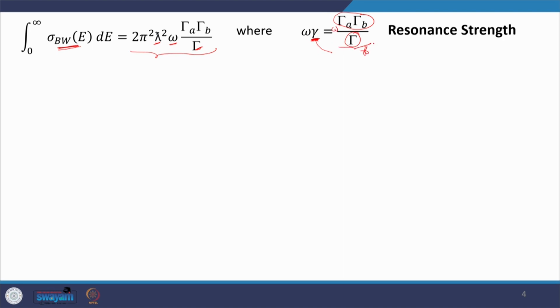This symbol basically denotes omega into this gamma. This is called the resonance strength, and omega is a statistical factor which involves J, J1, J2, and the gamma symbol involves gamma A gamma B divided by gamma. So, please remember there is omega here, the statistical factor. This is called the strength of the resonance. Why am I emphasizing this word? Because this is one of the experimentally measurable parameters to understand the cross section of resonant reactions.